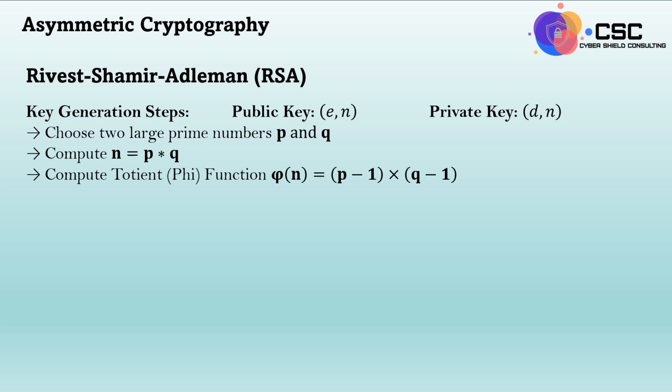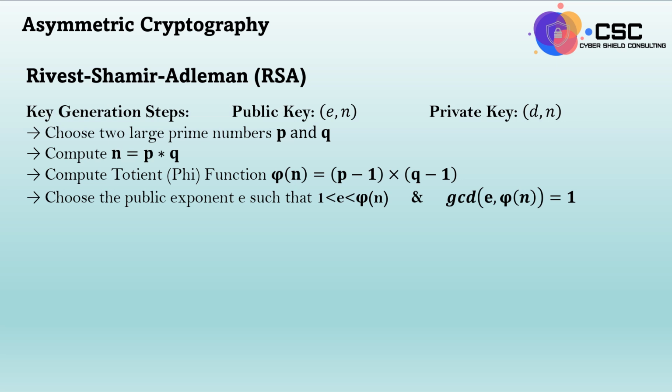Now we are able to select the public exponent e, which must meet two conditions. e must be less than the totient and greater than 1, and e must be coprime with the totient, meaning it shares no factors with the totient other than 1. The greatest common divisor between e and the totient must equal 1.